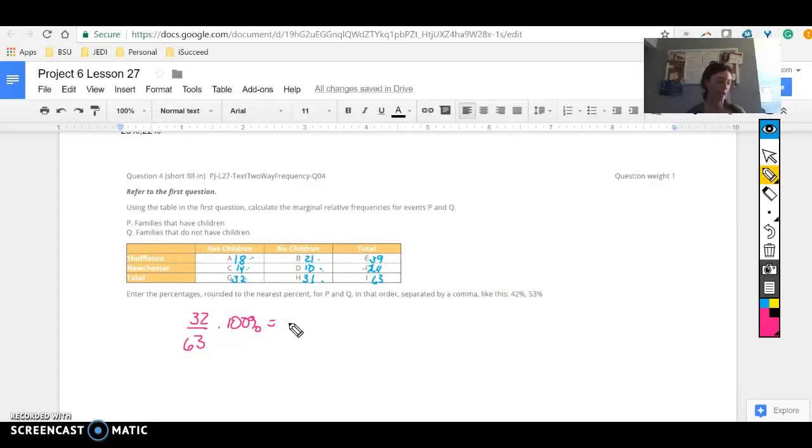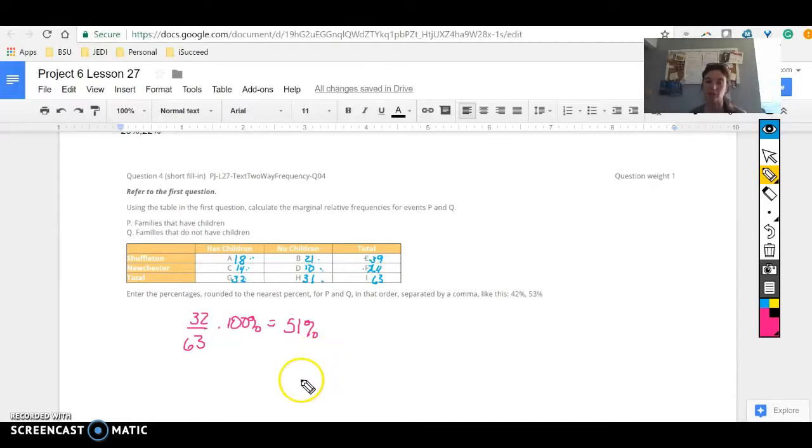And when I do that, I get 32 divided by 63 is 50.7, so we'll round that up to 51. And then the percentage of families that do not have children should be 100 minus 51.